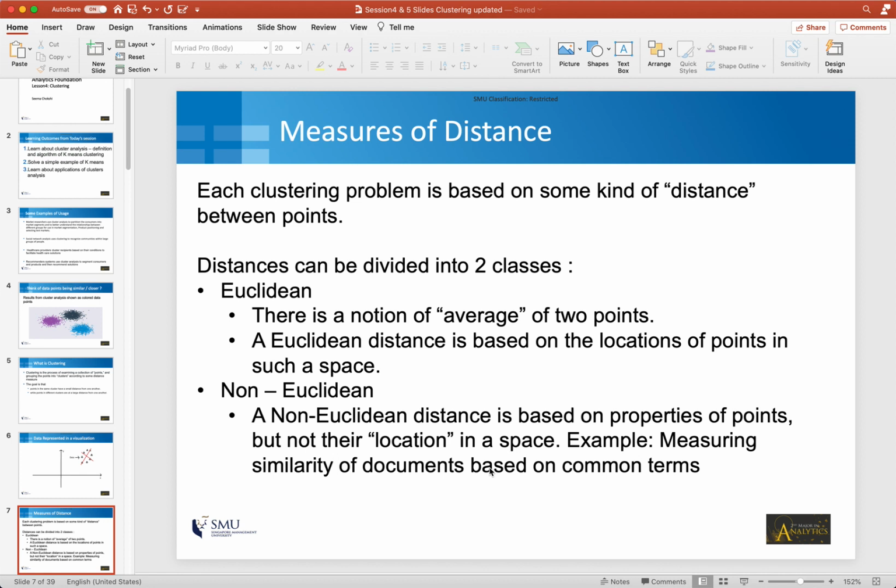If two documents have a lot of overlap in the terms, then they will be more similar than two documents that have a diverse set of words. That is an example of a non-Euclidean distance or similarity measure, because that is not based on the location of points in space.